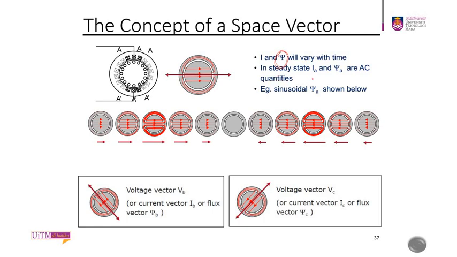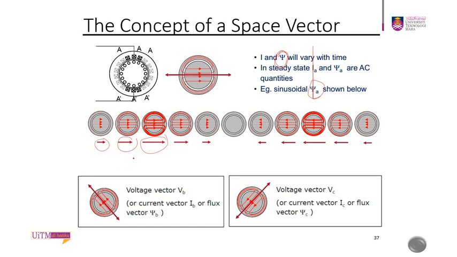So in the steady state, the current and the flux are AC quantities. And of course, if the current is supplied in sinusoidal, the flux will also be produced in sinusoidal. So you can see the magnitude, starting from low, middle, high, middle, low.